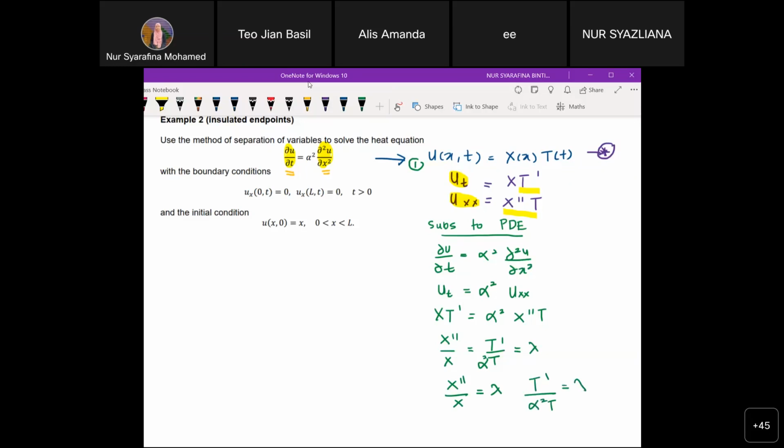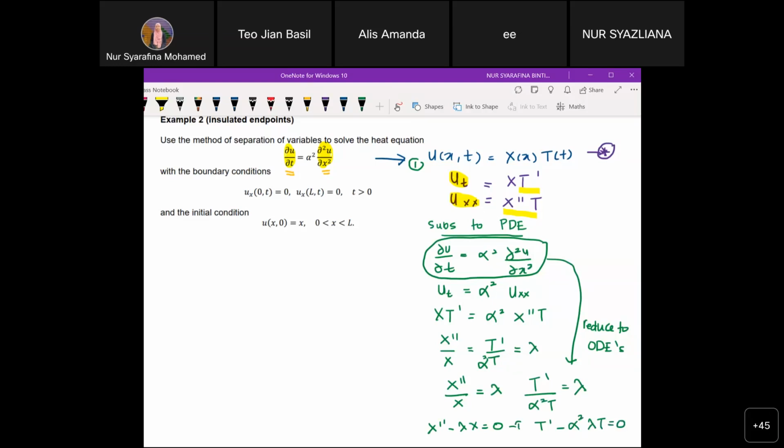So now this is your PDE. Now it is reduced to this ODE. We have two ODE equations, where we can rearrange to have x double prime minus lambda x equals to 0, t prime minus alpha squared lambda t equals to 0.